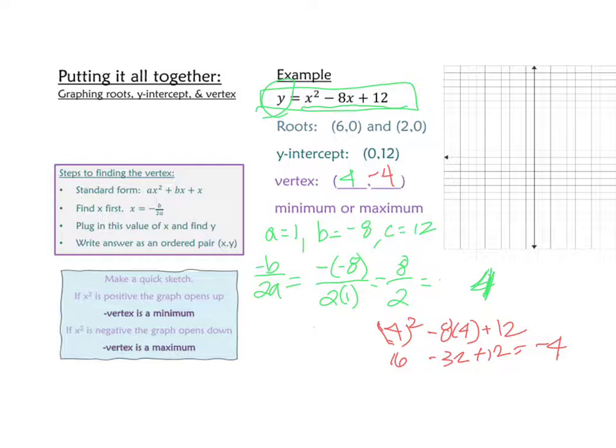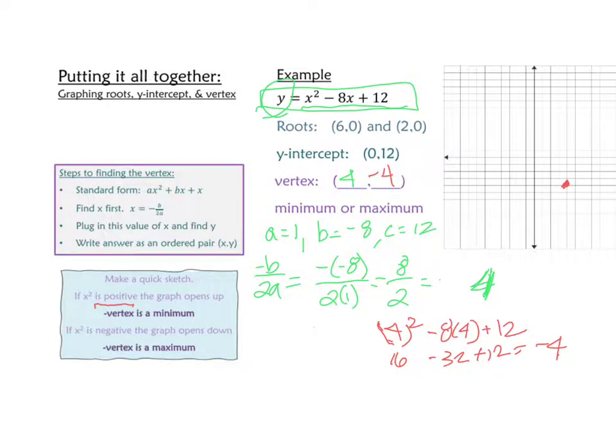So -4 is our y coordinate for our parabola. So we're going to graph this. This particular trinomial is positive, so its vertex is a minimum. So we are going to have to put a 4, 1, 2, 3, 4 right there.